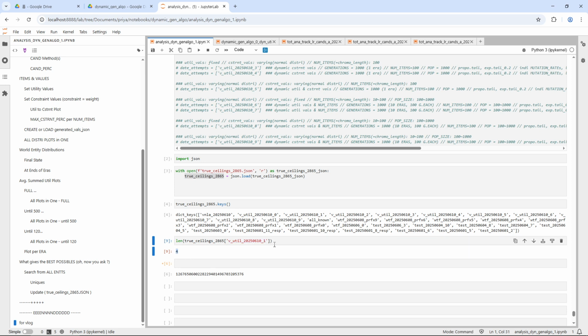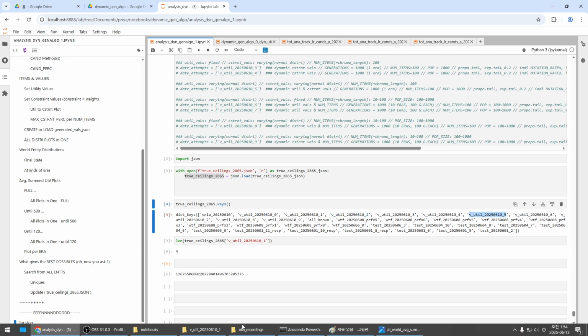So 4 unique in this iteration, but I can't say that these 4 unique true ceilings are totally the same or different, or some of them are different from any one of these new iterations that I'm about to share.